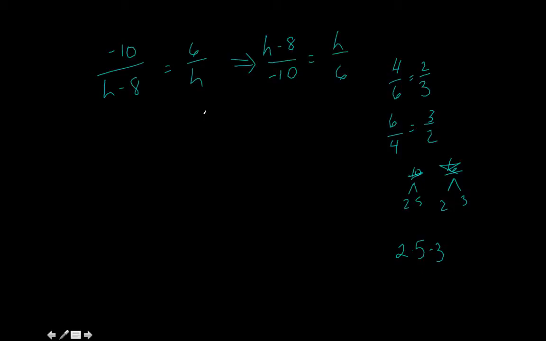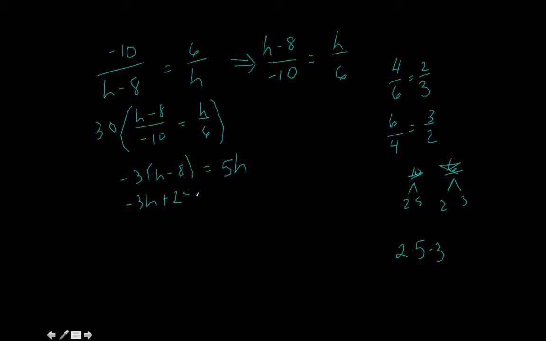So 30. 30 over negative 10 is negative 3. 30 over 6 is 5. Add 3h.